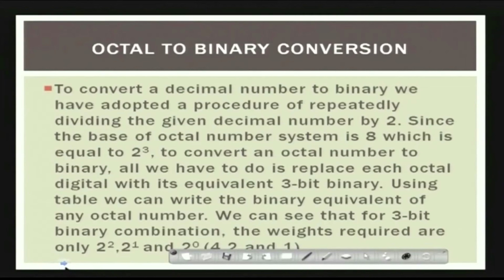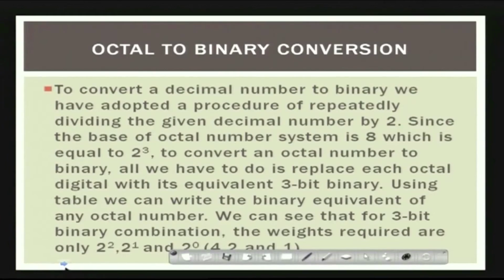So, next we will see how we can convert an octal number to a binary number. As I said earlier, the base of the octal number system is 8, which is nothing but 2 power 3, and we also saw a table earlier in which every octal number is represented by a 3-bit binary number. If we take the number 1 in the octal number system, in the binary number system the same can be represented as not 1, but it should be 0 0 1.